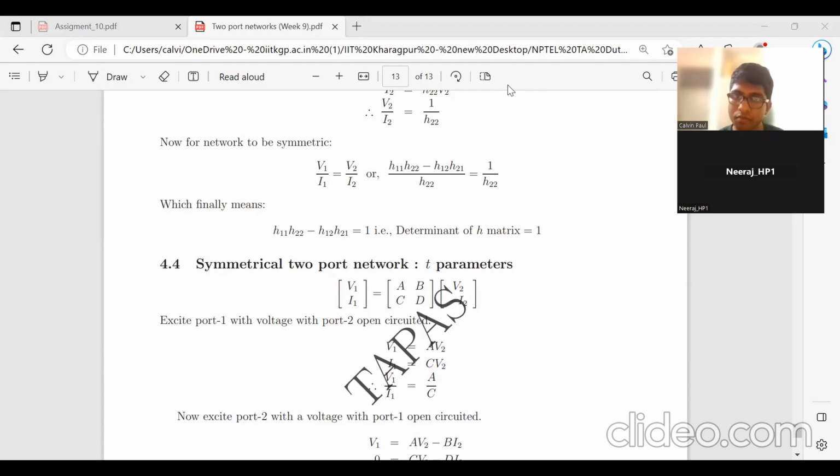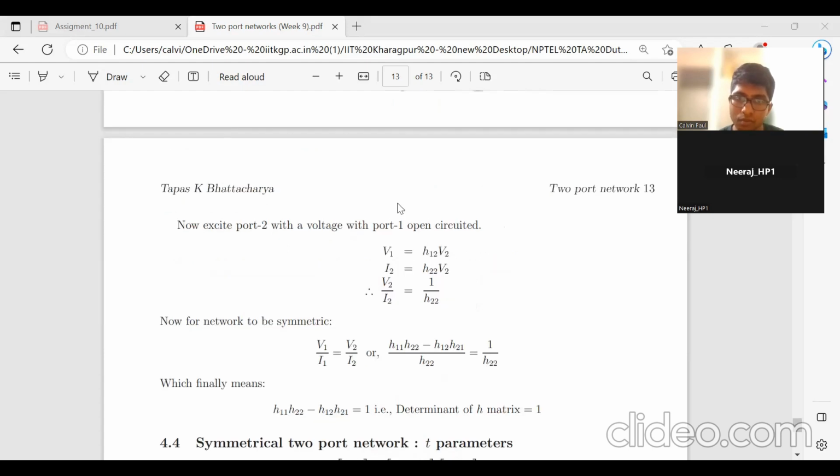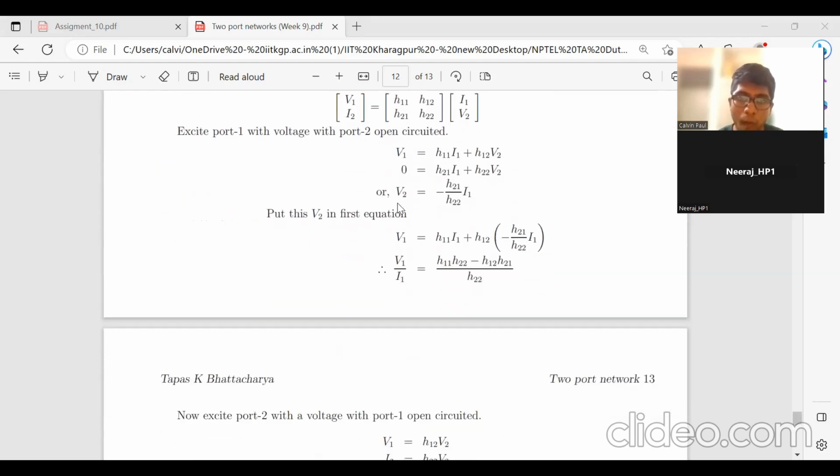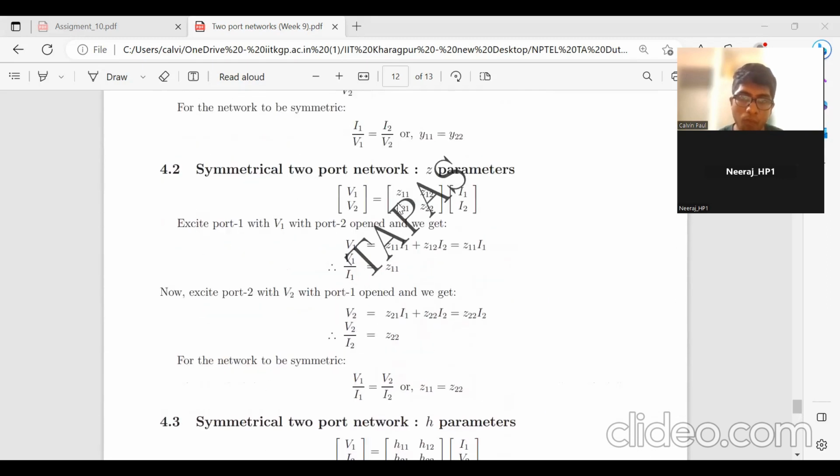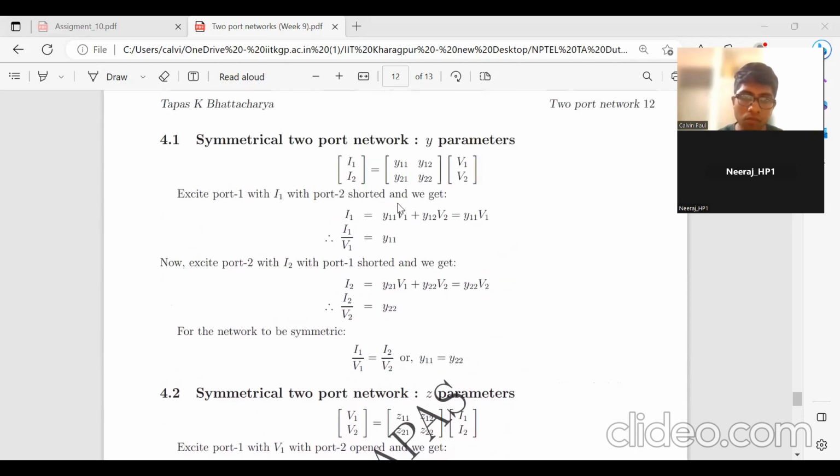Here the case is opposite. Yes, excitation is the numerator.